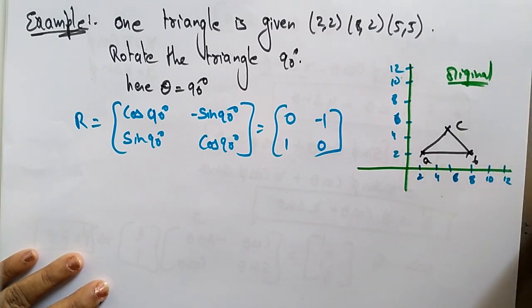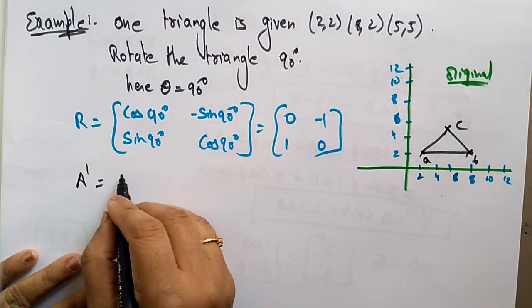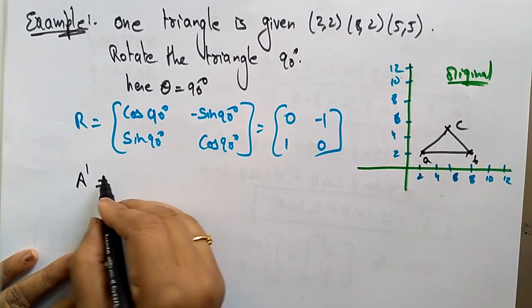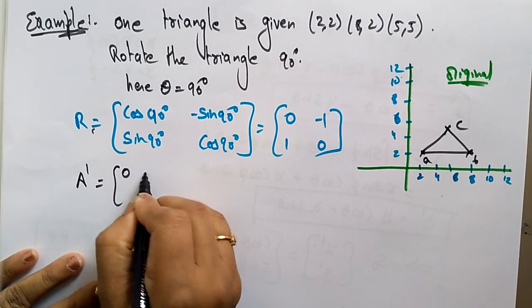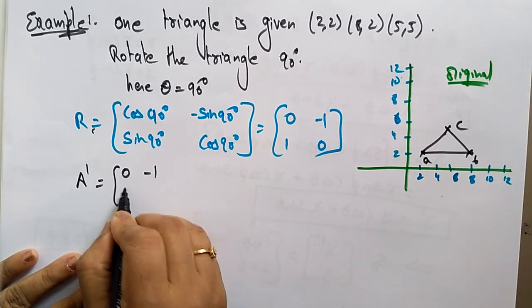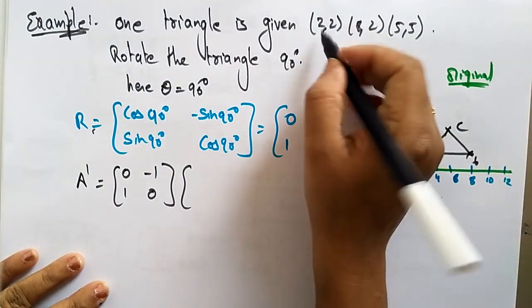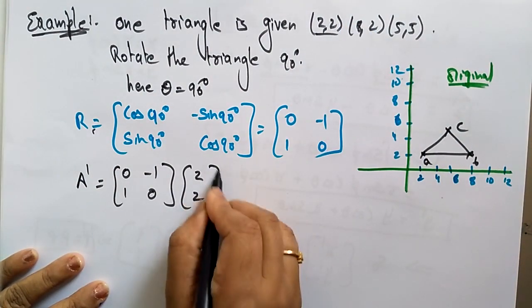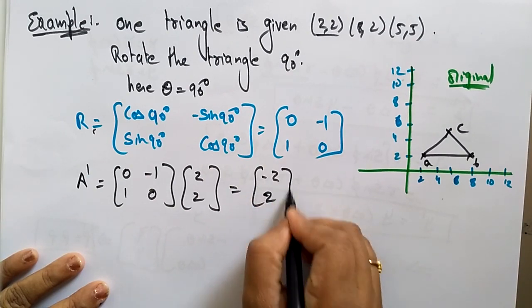Now calculate A dash. What is the formula? P dash is R into P, so here A dash is R into A. R is [0, minus 1; 1, 0], and the A coordinates are x, y. If you calculate, you get minus 2 and 2.